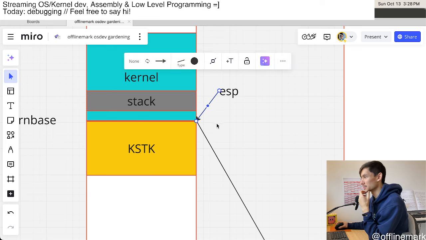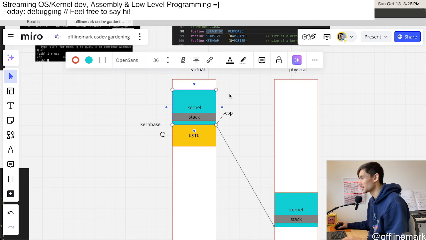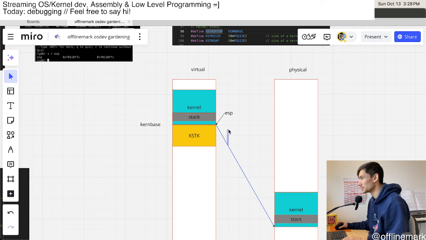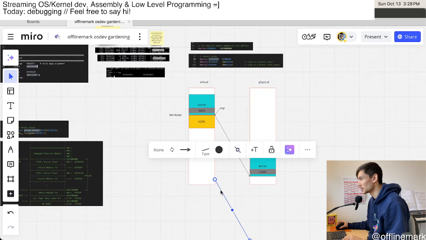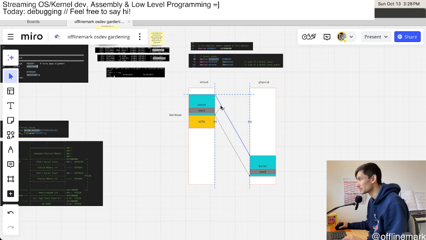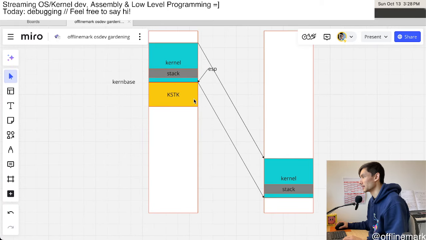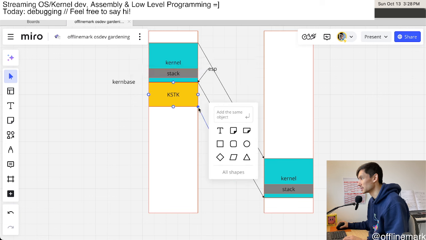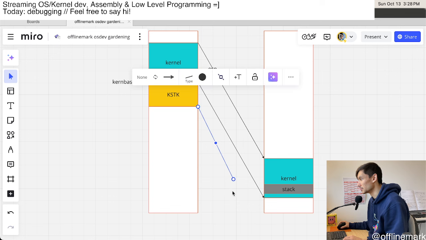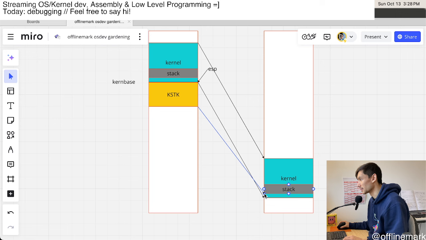But what happens, so this whole region, can I maybe duplicate this? So this whole region gets mapped. And furthermore, the K stack gets mapped specifically to here.